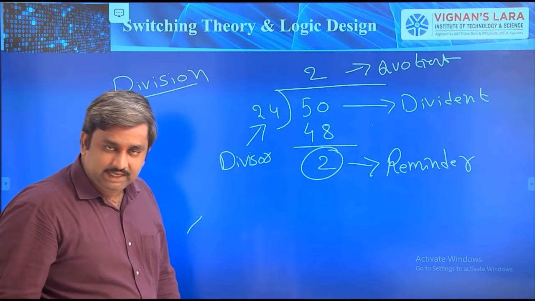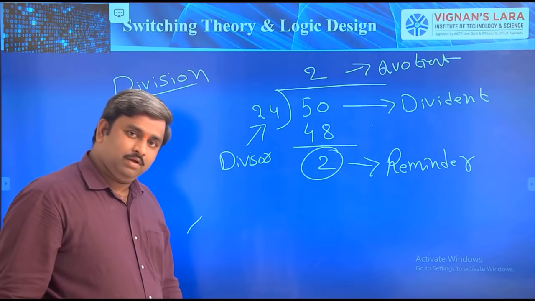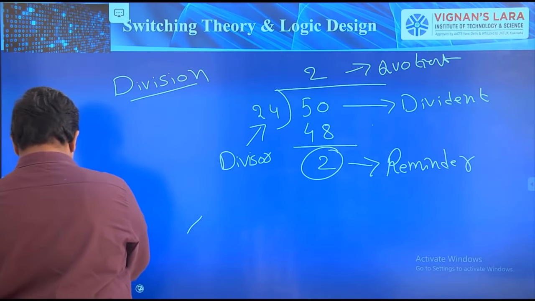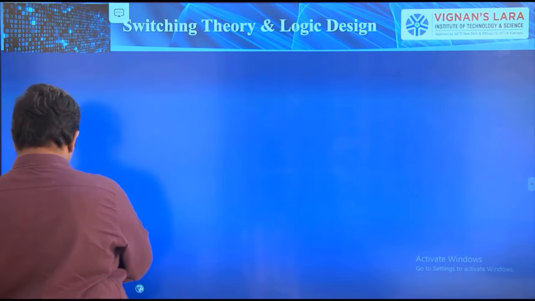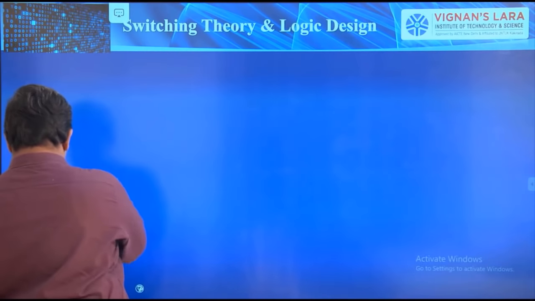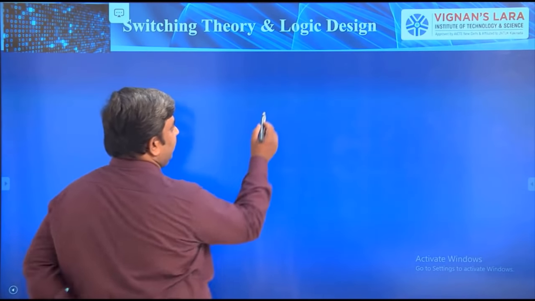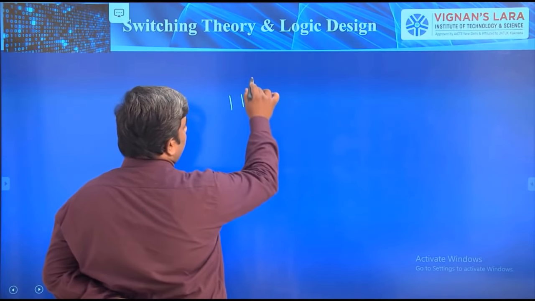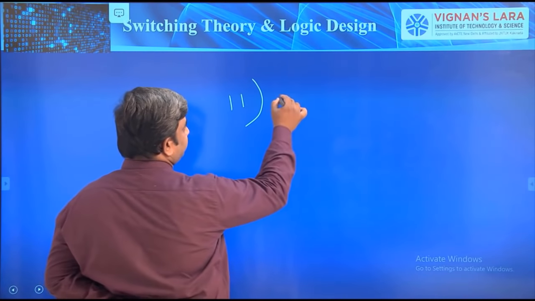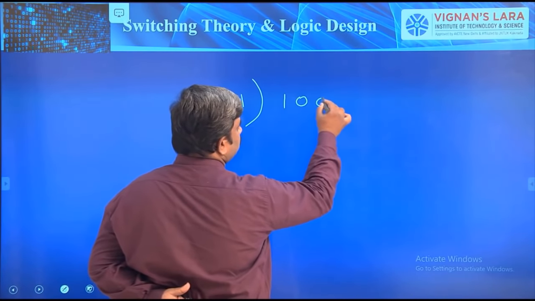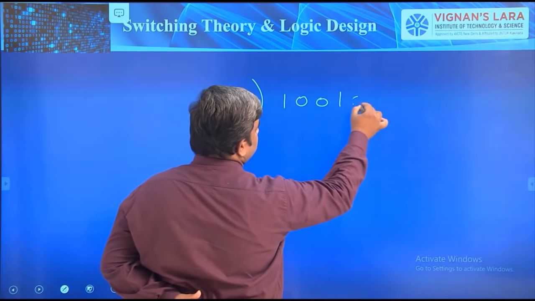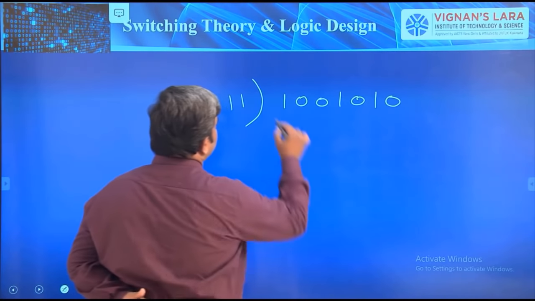Now we will see the binary division process. For example, I have here 11 and next 1 0 0 1 0 1 0, some value.